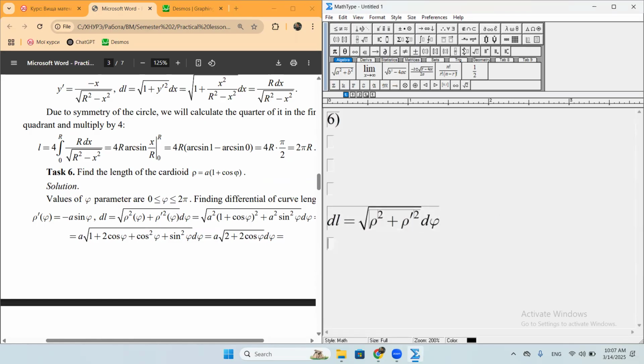So let's calculate rho prime, so the derivative. It will be equal to minus a sine of phi.